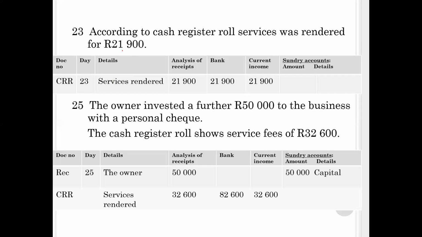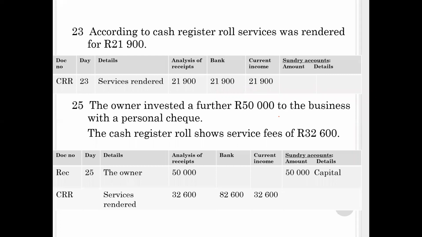The amount, 21,900, is received at the business, so it's going to the safe, so you write it in with analysis of receipts. It's the only transaction for that day, so you can take that same total to bank. And again, if you write services rendered with details, then you must also write it in with current income. Just again, what is current income? That means it's all the money that you received with each transaction into the business. The money is coming into the business, so it's a current income.